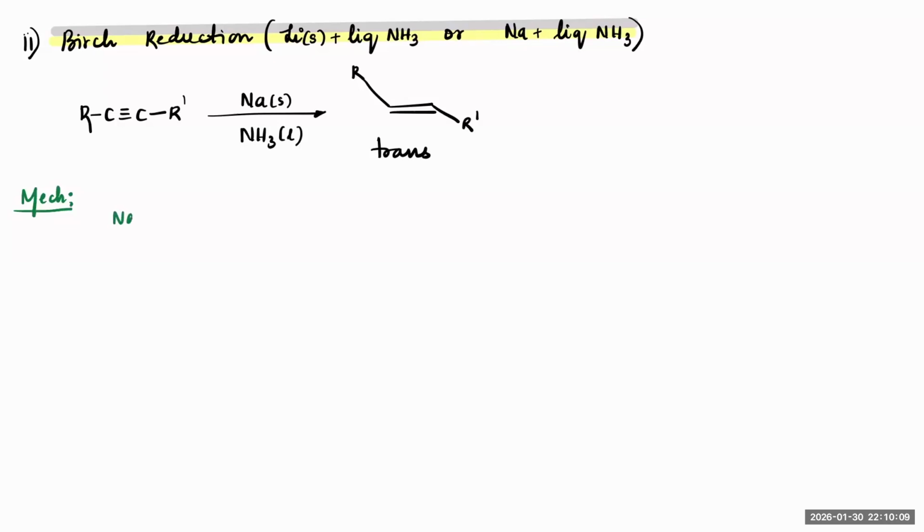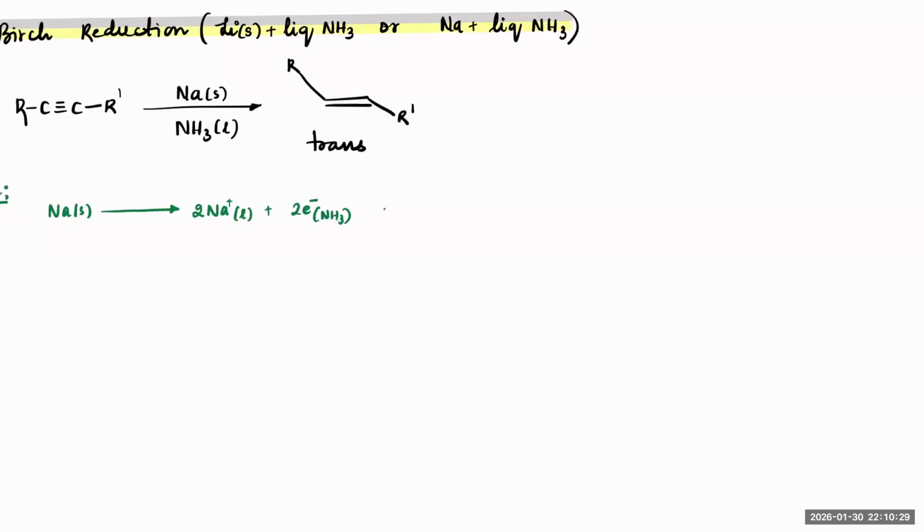See, sodium in the presence of liquid ammonia will release two electrons. Now we have RC triple bond CR' present, and these electrons will try to attack a carbon.